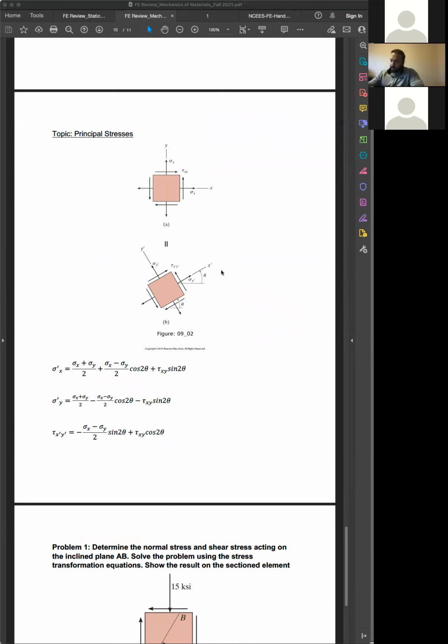All right. So first, talking about just a pure rotation. If I rotate from the x-axis, which would be positive, with the angle of theta, the sigma x prime, which is a new stress on the rotated system here, and sigma y prime, and tau x prime y prime on the new rotated system can be found using these equations, which are in your handbook, by the way.